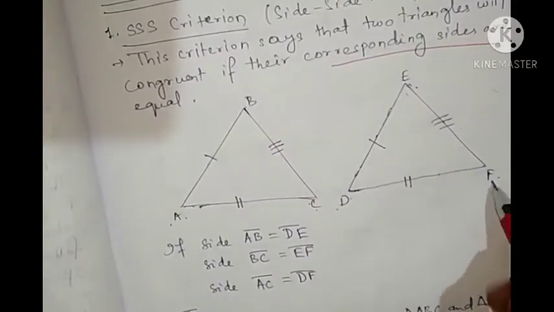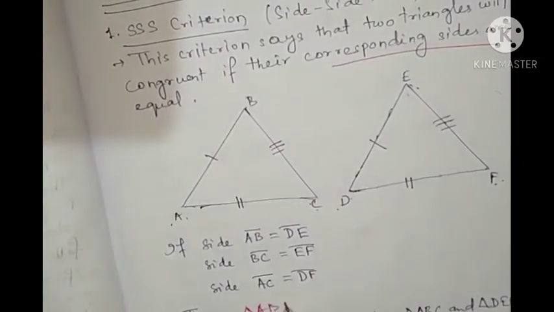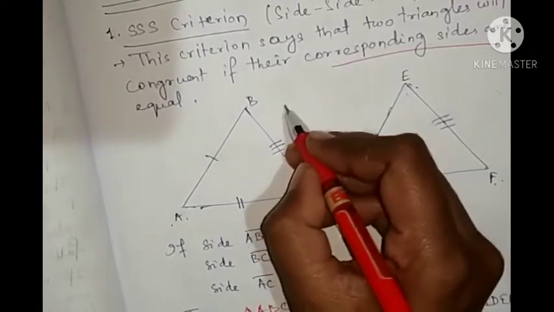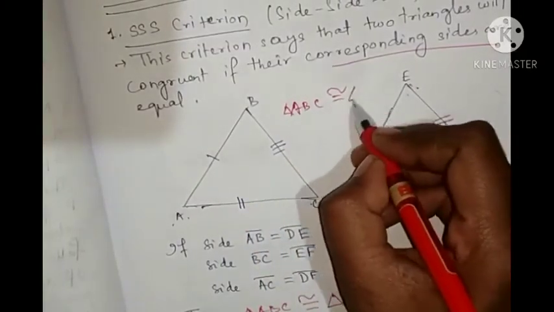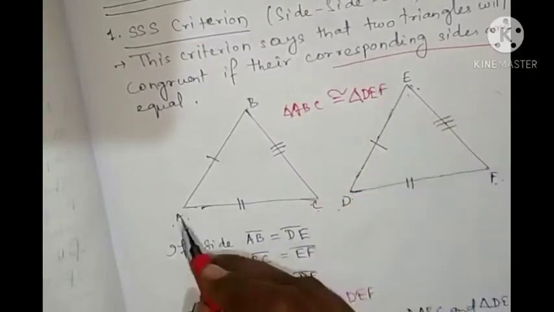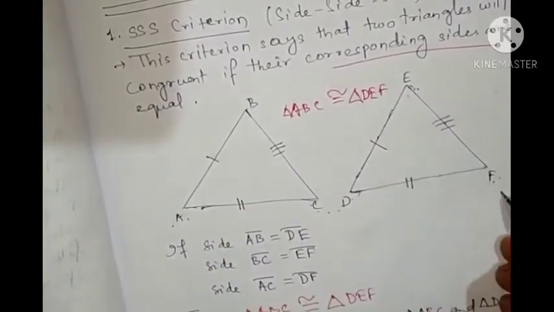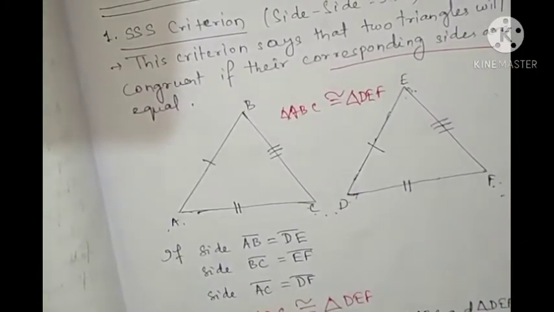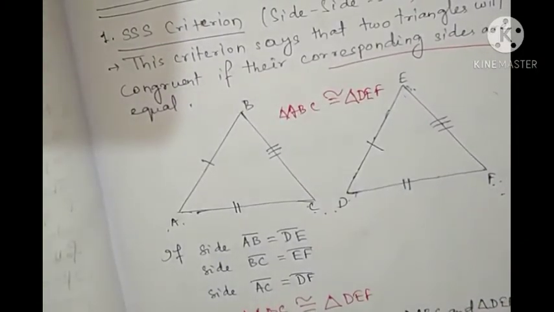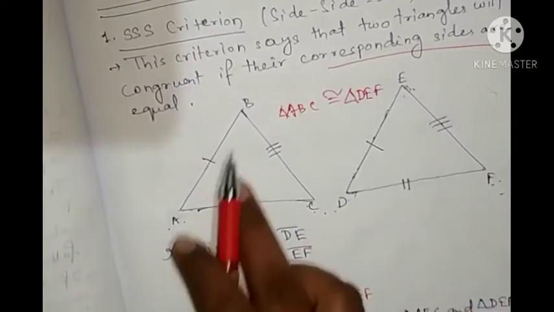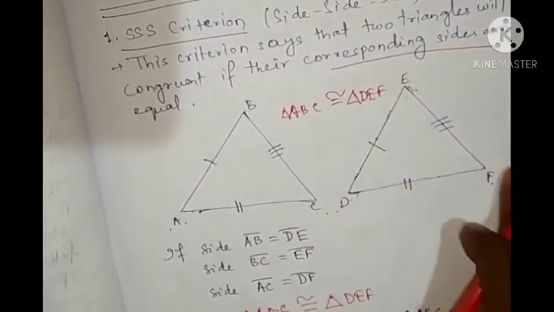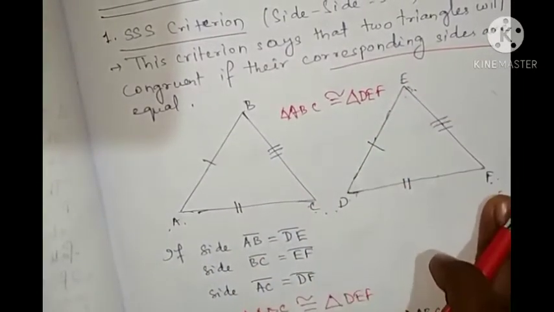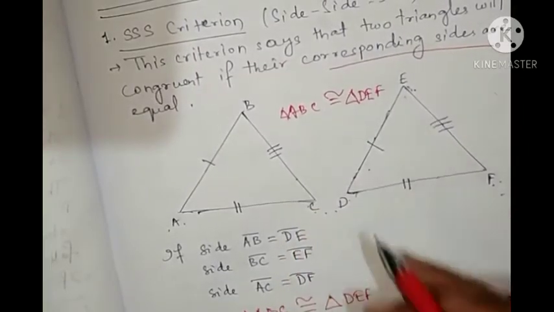Then you can say triangle ABC is congruent to triangle DEF, because all the sides are equal. So the first criterion is: when all three sides of one triangle are equal to the corresponding sides of the other triangle, then both triangles are congruent.